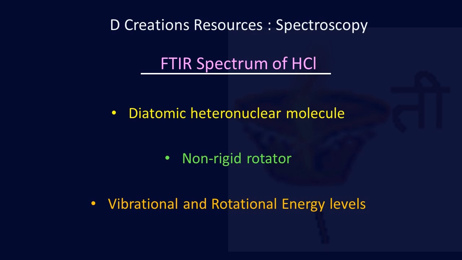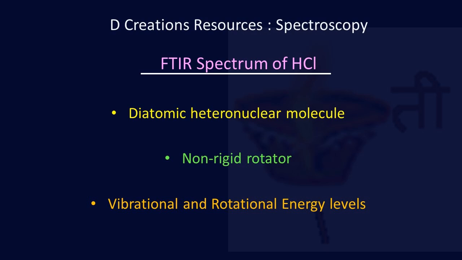Now, the quantum mechanical description of the harmonic oscillator can be used for describing the vibrational motion of a diatomic molecule like HCl. It's a heteronuclear diatomic molecule, unlike say Cl2, which is homonuclear. Both the atoms are the same there, but here that is not the case.